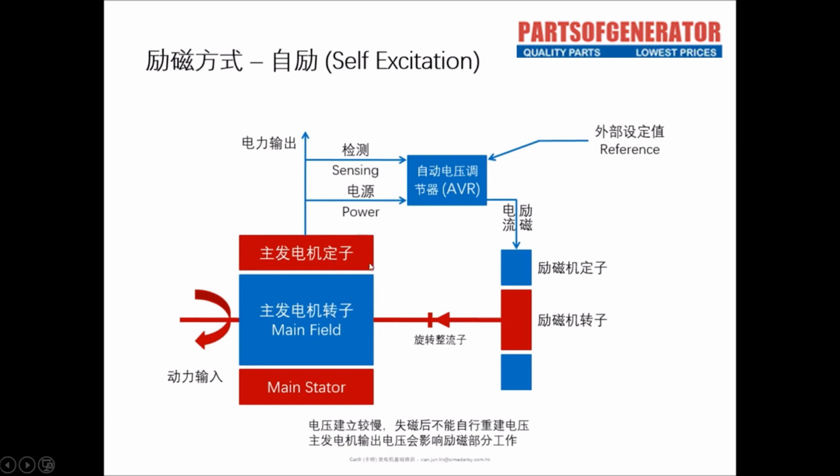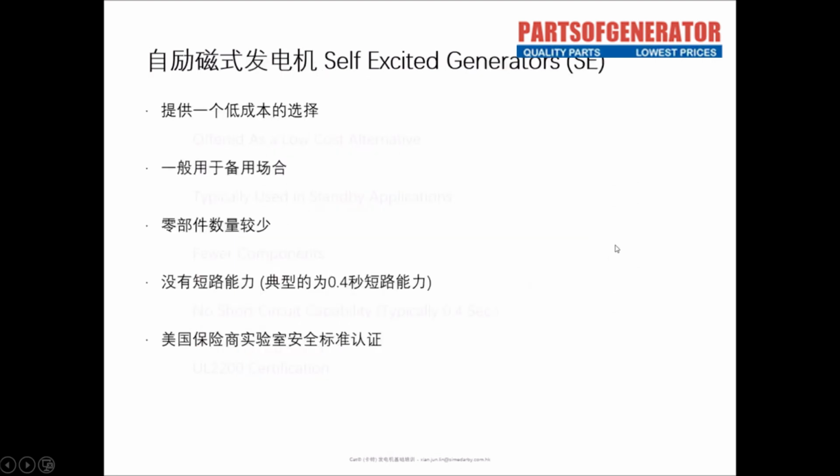When talking about this residual magnetism, even after our generator stops, this magnetism will not disappear completely. When it starts next time, the voltage will be finally established by this residual magnetism.